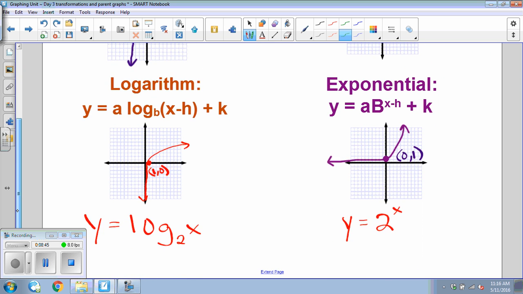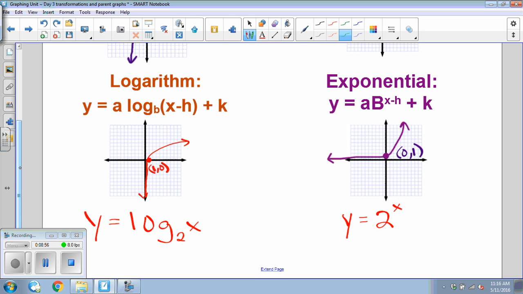Now, logs and exponents, we did this. We just did this in the last section before this. What's different about logs and exponents for their parent graphs is the bases change. The base can be anything in the parent graph. All right? So an example would be log base 2 of x.